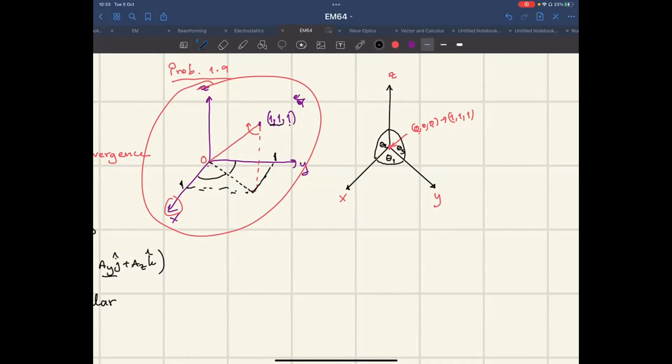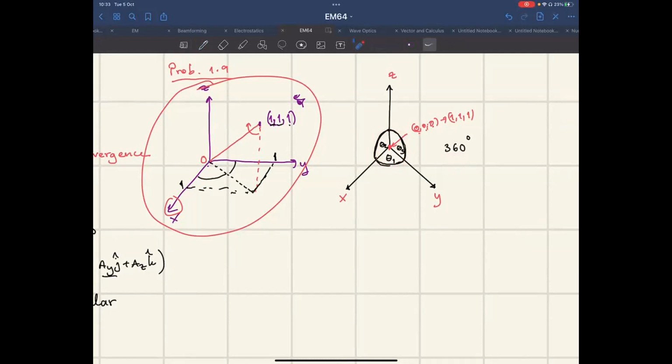360 divided by 3. Right. Good. The whole thing is 360 degrees.